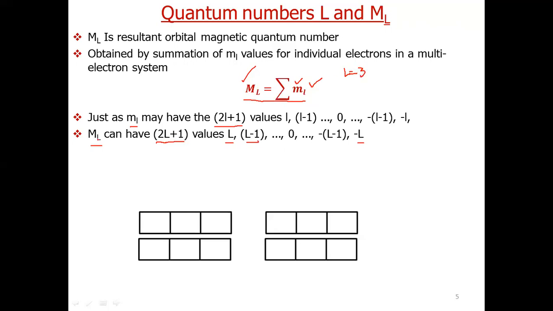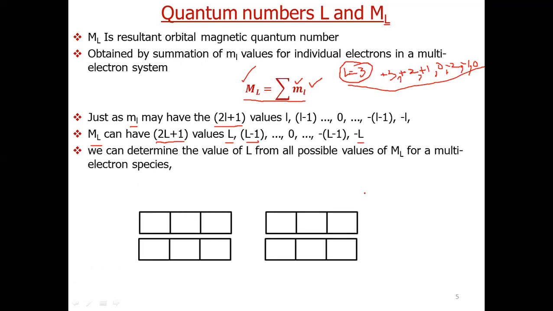For this case, ML can have 2 into 3 plus 1, that is 7 values. What are those? ML can be plus 3, plus 2, plus 1, 0, minus 1, minus 2, minus 3. So these are the 7 possible values of ML for L equal to 3.